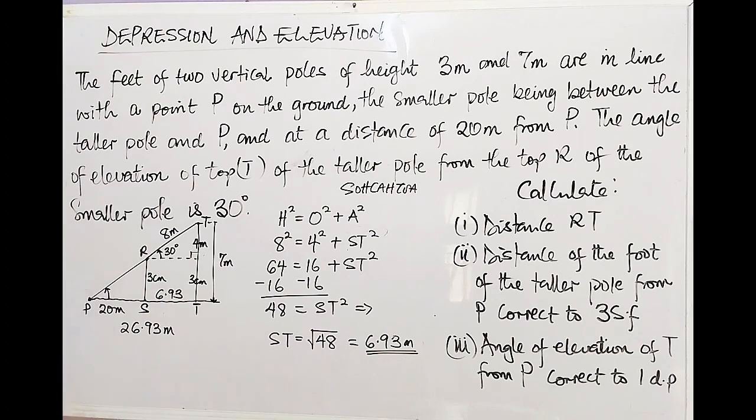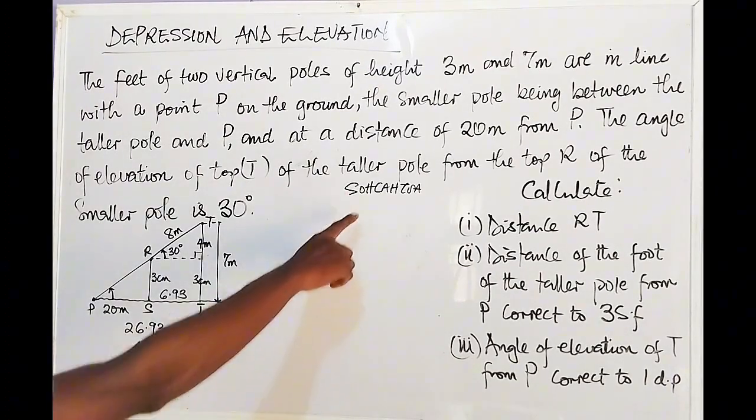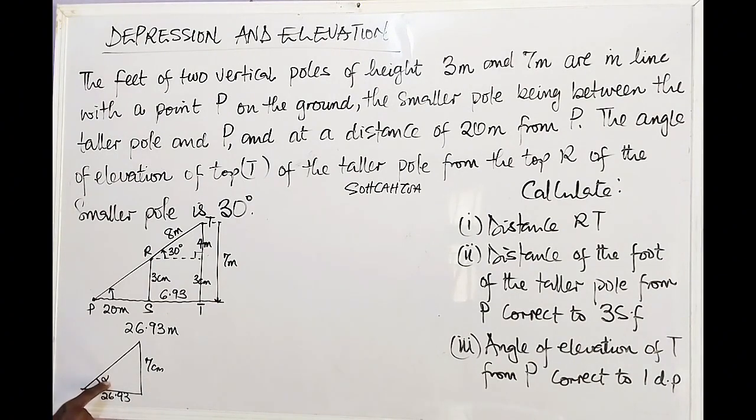So at this point, we can actually redraw the triangle like this. 26.93. Let us make this alpha. That is the angle of elevation. Then here you have your 7 centimeters. Okay. So working with this triangle here, you can see that here we have the angle. We have 7 here. So the side facing this angle is our opposite.